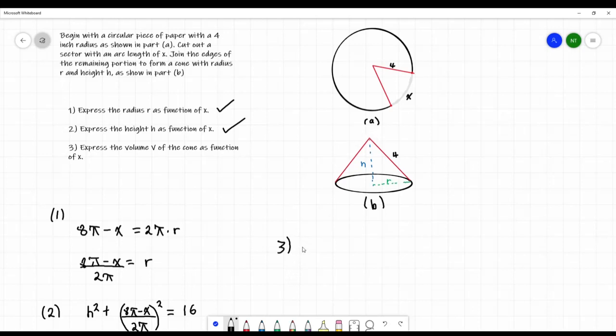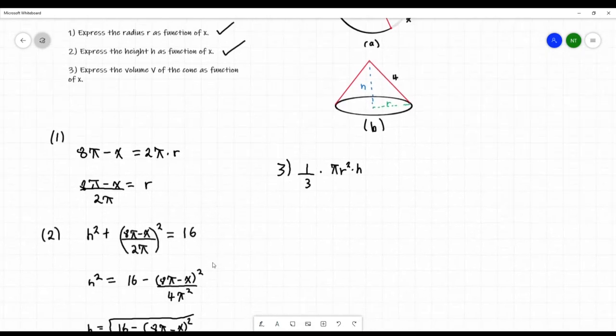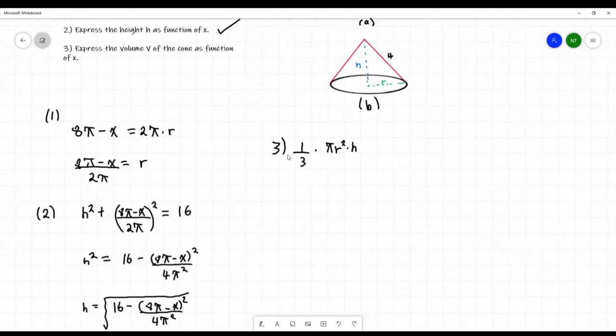The formula is 1/3 times pi r squared times height. We know what pi is, we know what r is, and we just found out what h is. So we just plug it into this formula and we'll be able to solve the third question.